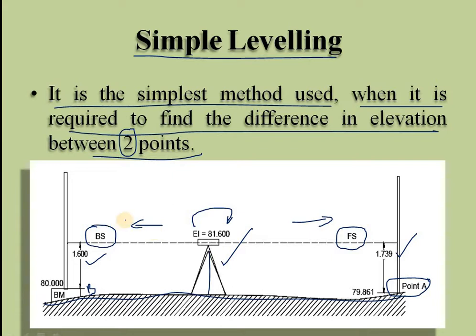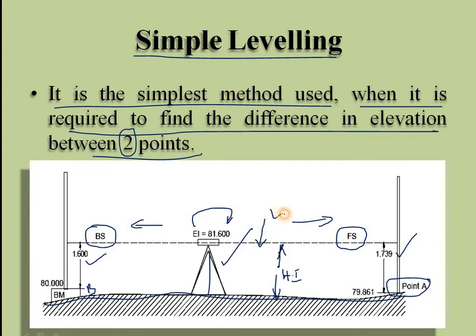By taking these two readings we get the difference of the ground levels, and we get the height of the instrument, the HI. This HI is the line at the center of the instrument.